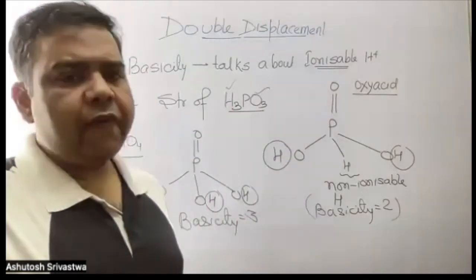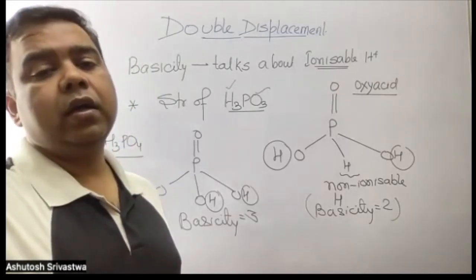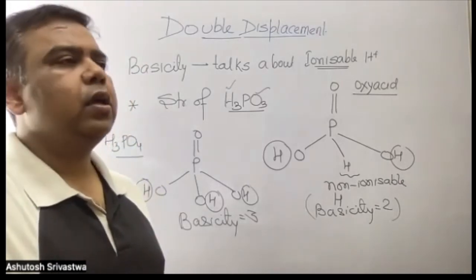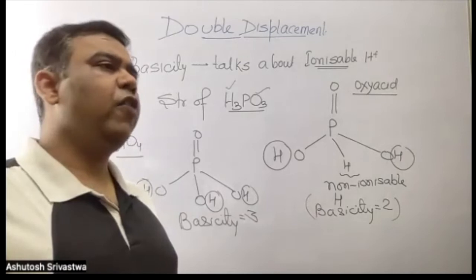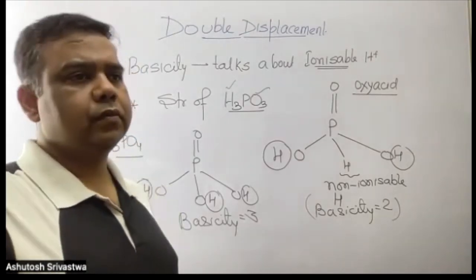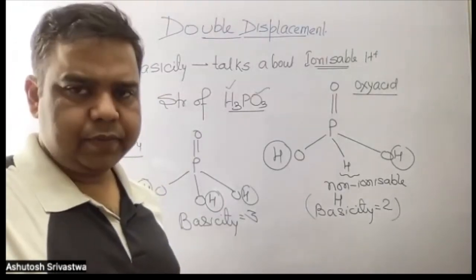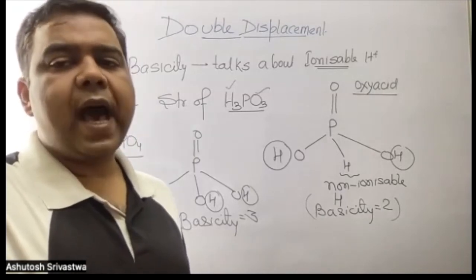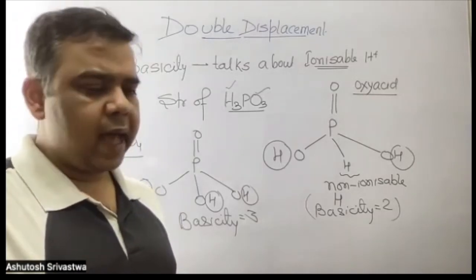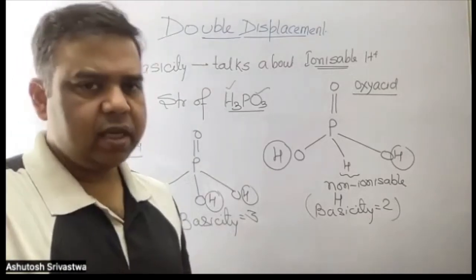The number of ionizable H is equal to the number of hydrogen atoms directly attached with oxygen atom.